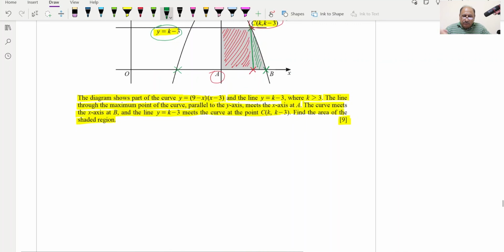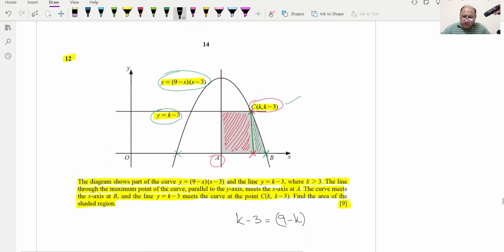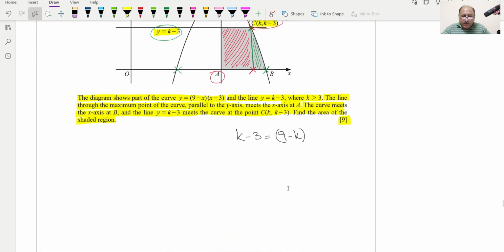So our equation will be k minus 3 is equal to 9 minus k into k minus 3. We have replaced the x value of this point. In this curve we have replaced x is equal to k and equated it to the line.